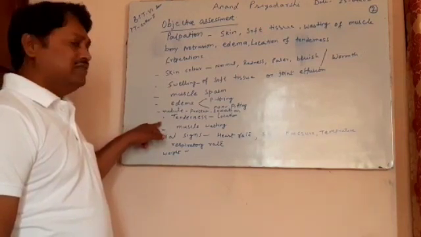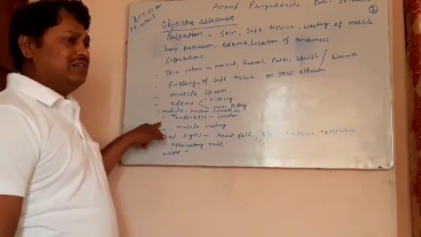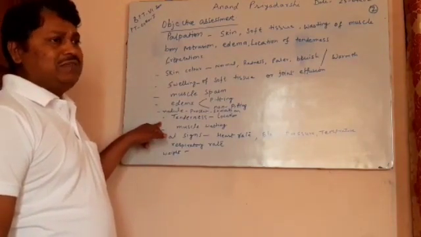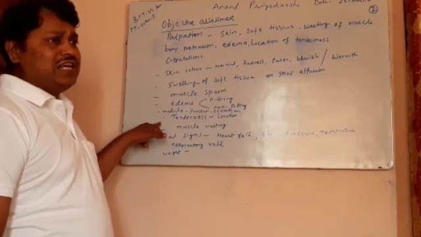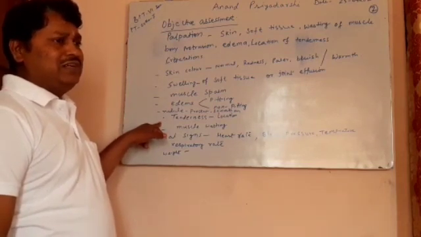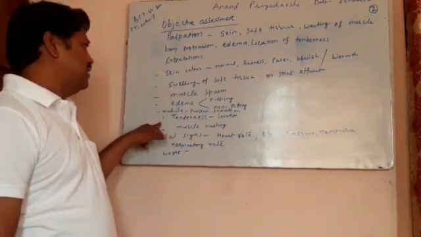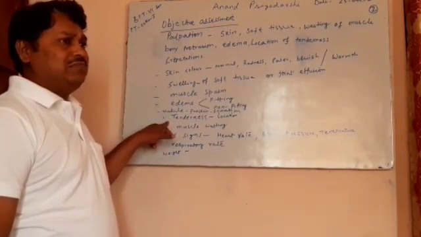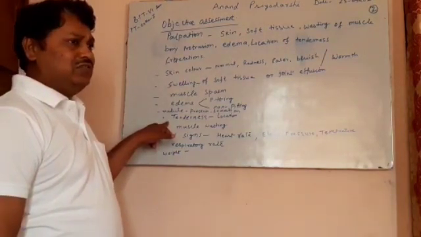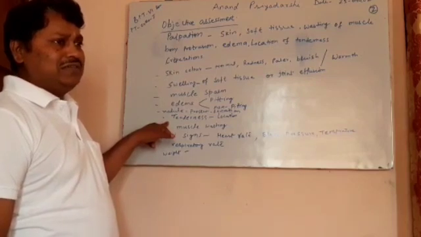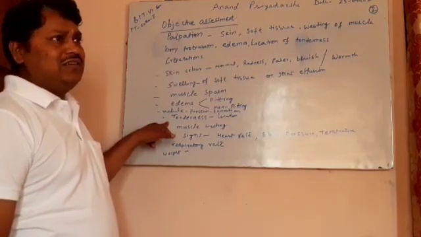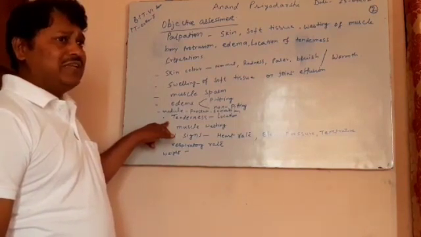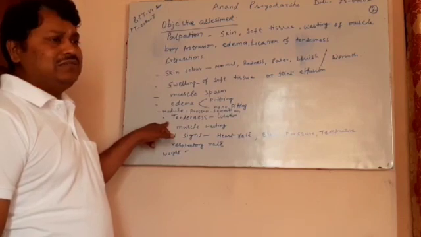Next, tenderness. Tenderness is the objective assessment of pain. When there is a painful area, the clinician applies his thumb and presses the area and notices the change of facial expression of the patient. If due to pain the patient pulls his hand or extremities, or changes are seen during pressing the area, then tenderness is present.